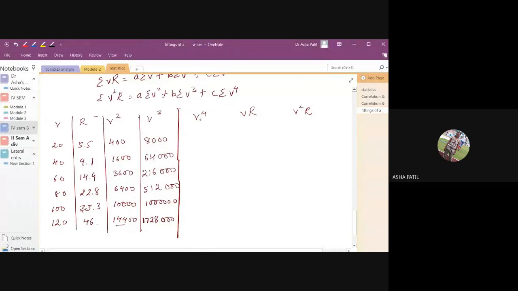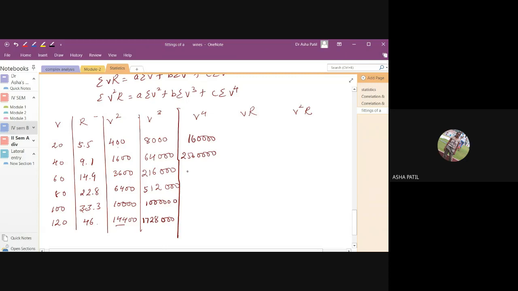V cube into V will get V raised to 4, or square this value. Sixteen into 16, it is 256, and we have 4 zeros.